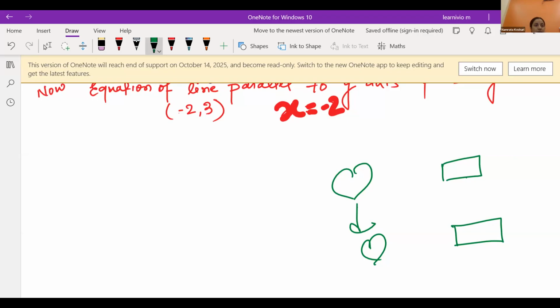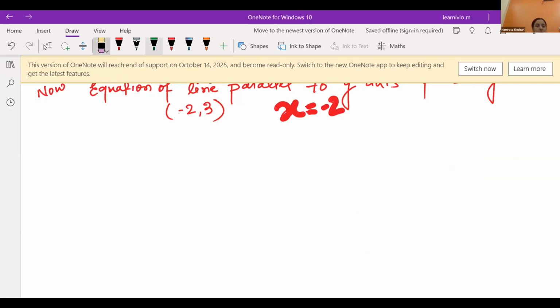Just give me a second. So let's see the formulas first, then you will understand what I am talking about.